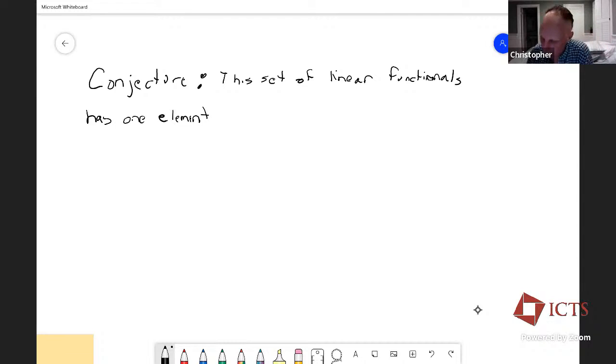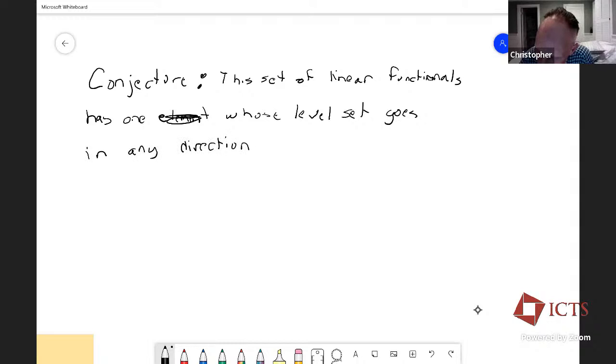So this set of linear functionals has one whose level set goes in any direction. So for any direction, with probability 1, there exists a geodesic whose Busemann function has the level set parallel to that line.